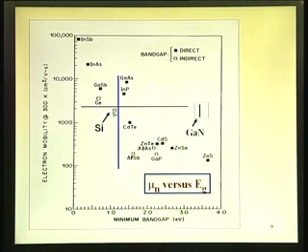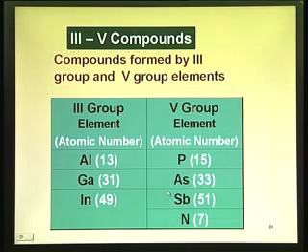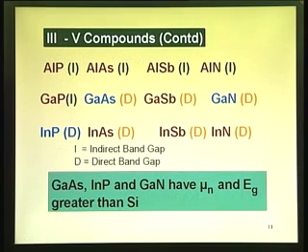So this is the thing about these types of materials. That is the story about the 3-5 materials, and ultimately we have gone into gallium arsenide and indium phosphide, and to some extent taken a look at gallium nitride and indium nitride.